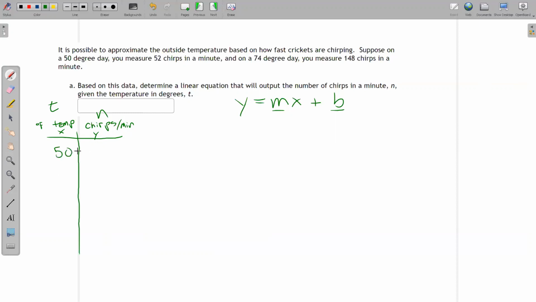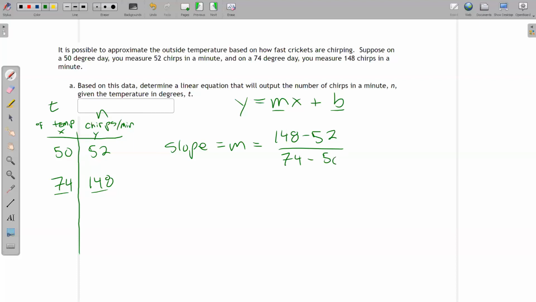So 50 degrees led to 52 chirps for me, and 74 degrees led to 148 chirps. So for me to find my slope, m, I need to figure out what is 148 minus 52. I always make sure the y values end up on top. And then since I started with 148, I have to start with the corresponding x value, so 74 for the temp, and then minus 50.